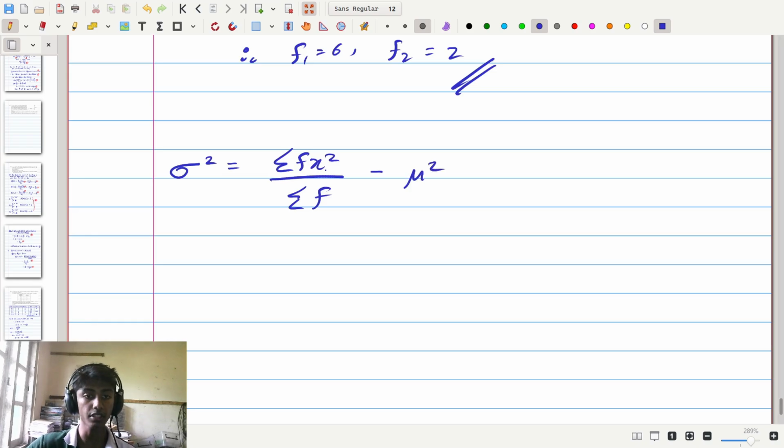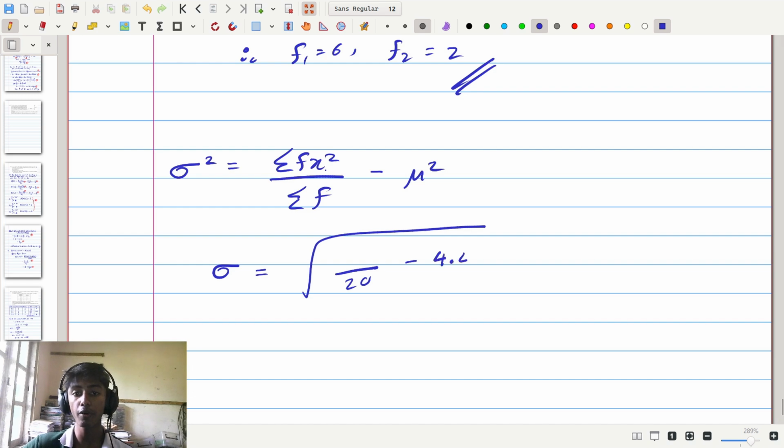From this, sigma is equal to the square root of sigma fx squared divided by sigma f, which is 20, minus mu squared, where the mean is given as 4.4. So therefore we have minus 4.4 squared.